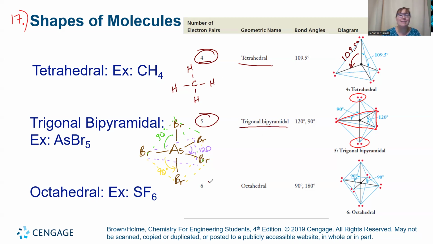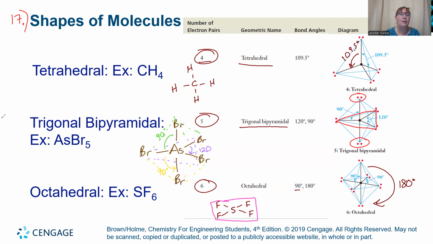Now, octahedral has 6 electron pairs, and it forms an octahedron that looks like this. The bond angles are 90 degrees unless we're going all the way from top to bottom. That's the only 180 degree in there. And then you could imagine the SF6 drawn in the same way. Let me see if I can sort of show it like that. And that forms that square in the center like this.